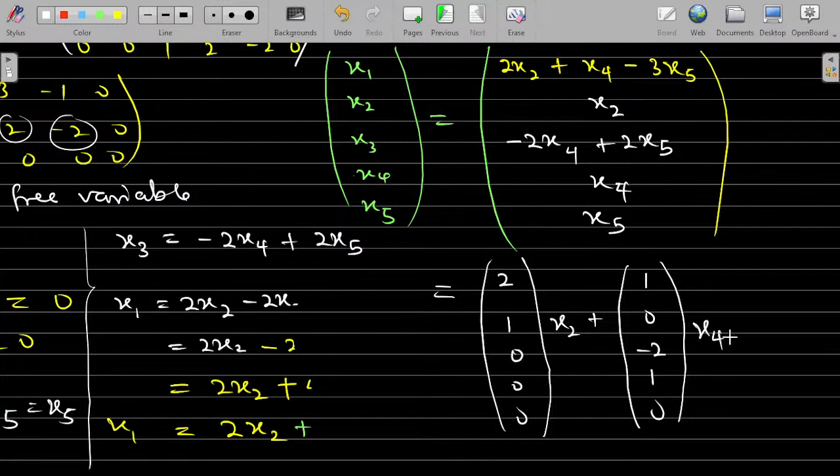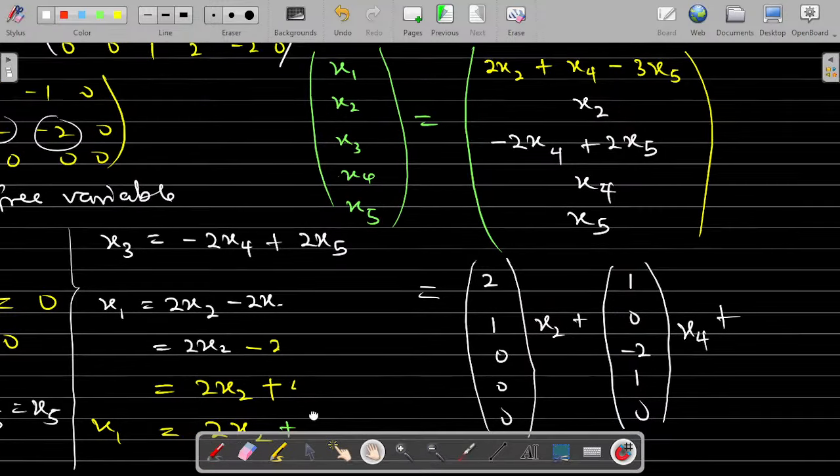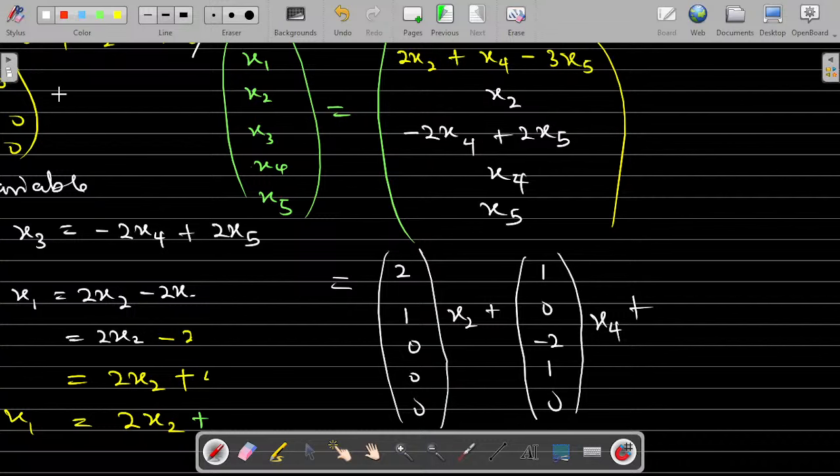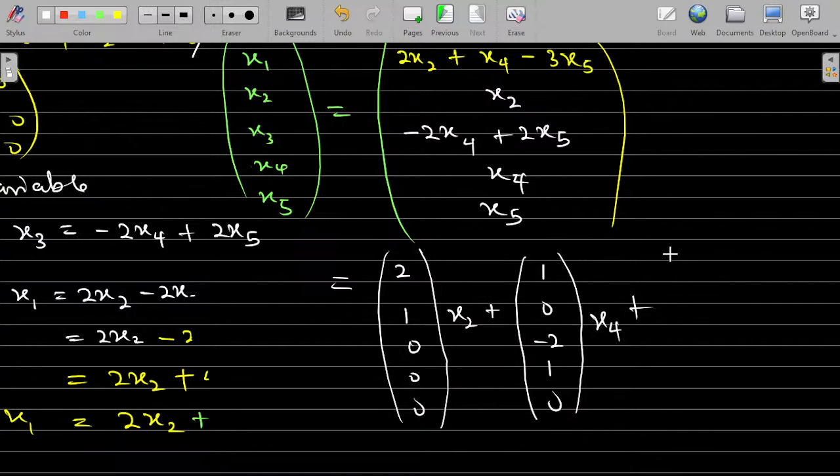And then finally for x5, your x5 in row 1 is minus 3, in row 2 is 0, in row 3 is 2, in row 4 is 0, in row 5 is 1, and that's multiplying your x5.